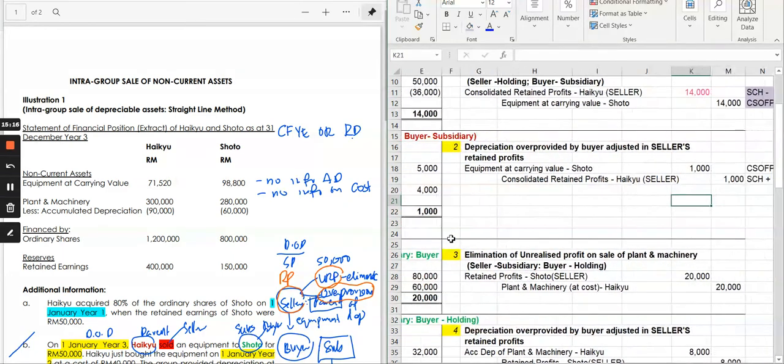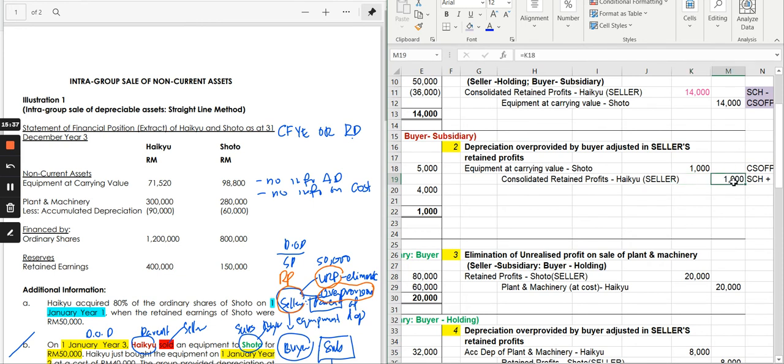So you need to reduce the depreciation that has been over provided. To reduce means to reduce the expenses in the consolidated retained profit, or the group retained profit, which is the one of the seller, 1,000.